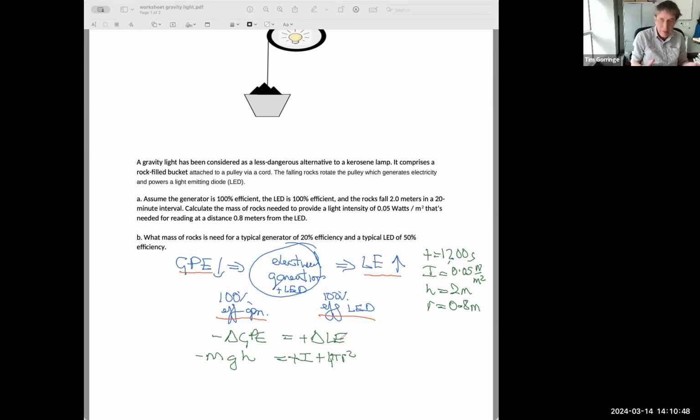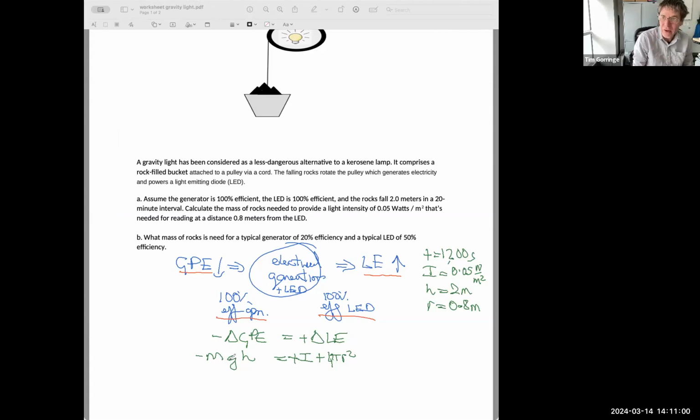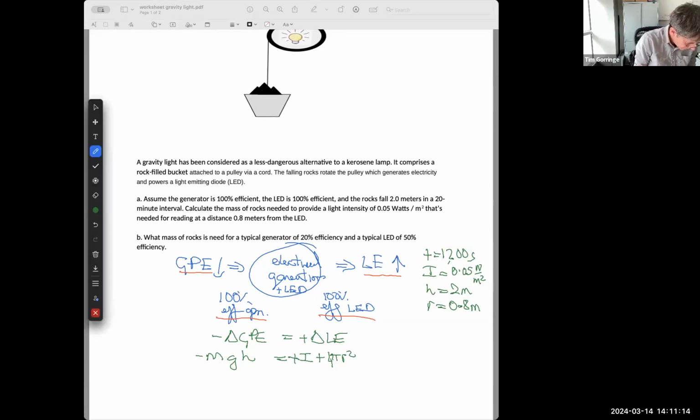Now, when it comes to plugging in the numbers and finding out the mass of the rocks, I'm going to just worry about the size of the gravitational potential energy that is released, and the size of the light energy that's acquired. And so I'm going to get rid of the signs. I'm going to just think about the sizes.